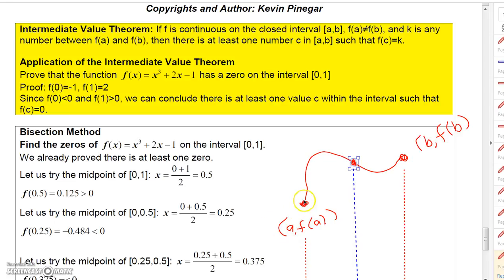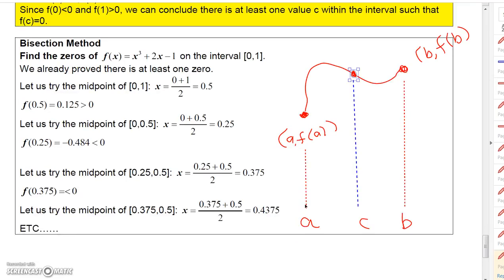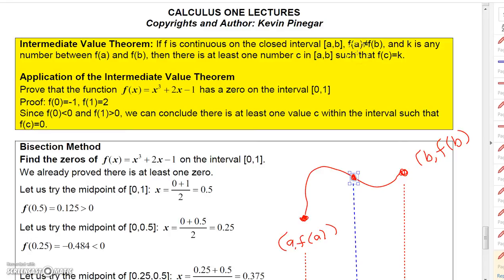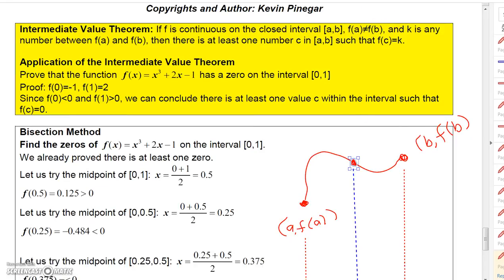Okay, so here's a continuous function, and it goes from x equal a to x equal b. Notice that f of a and f of b are at different heights, so they're not the same, and that's what the theorem says. F of a must not equal f of b. And let's say k is any number, so let's say k is right here.